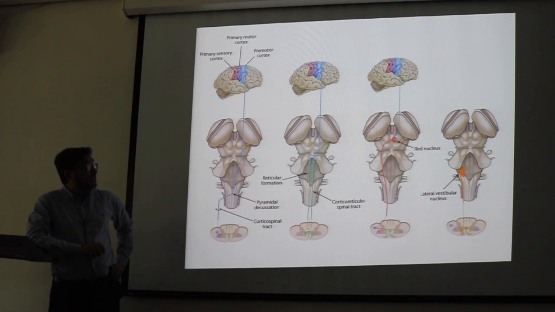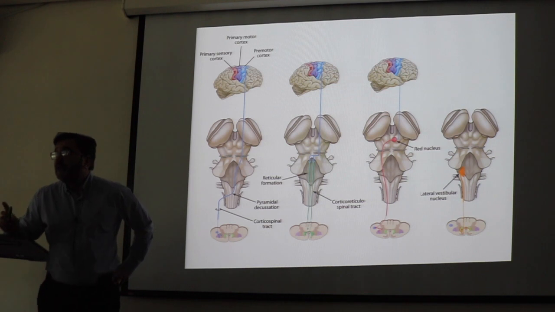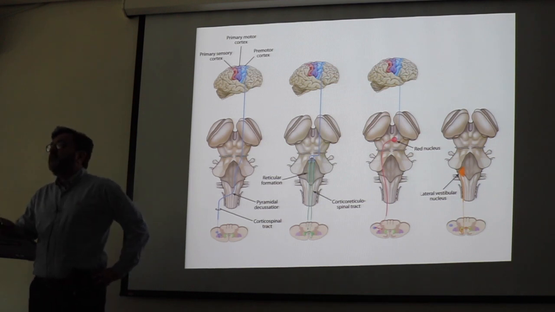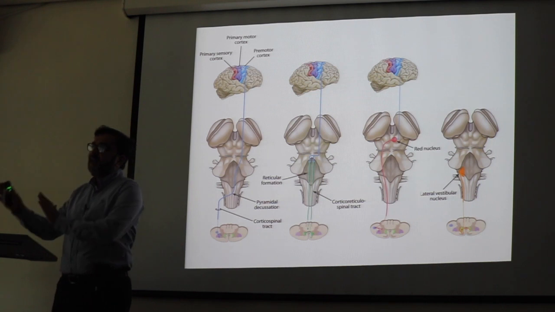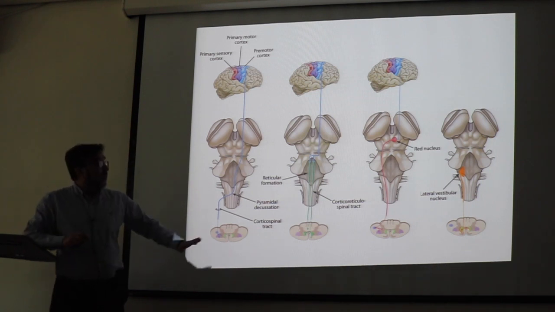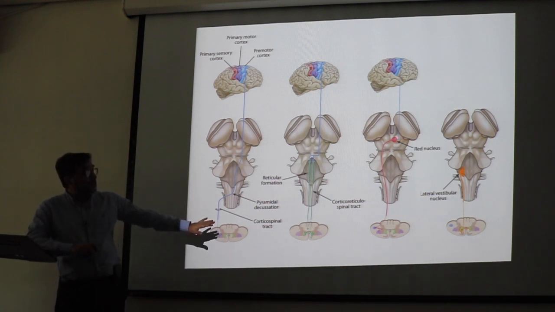This reticulospinal tract is responsible for facilitating flexor as well as extensor tone. So it facilitates both flexor and extensor tone. On the other hand, the rubrospinal tract arises from the red nucleus, which is present in the midbrain.